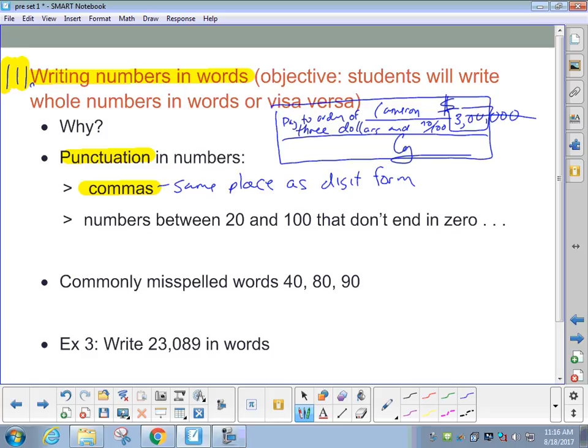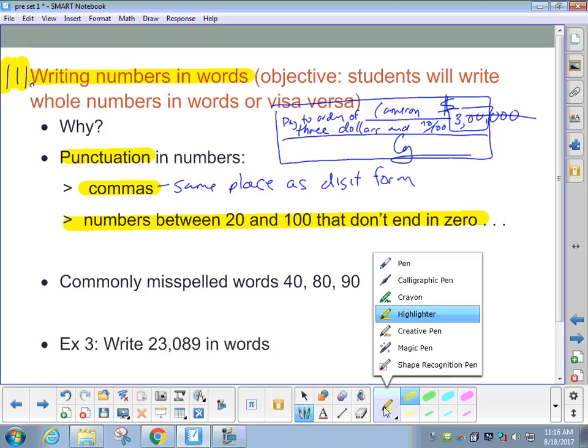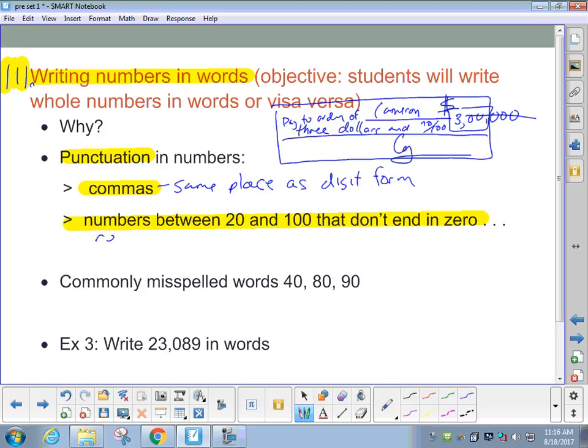You won't have commas there. You need to break the words up. Also, there's always these spelling. Oh, no, sorry. This is another issue. Numbers between 20 and 100 that don't end in 0, I'll give you a second to write that down, require a hyphen.